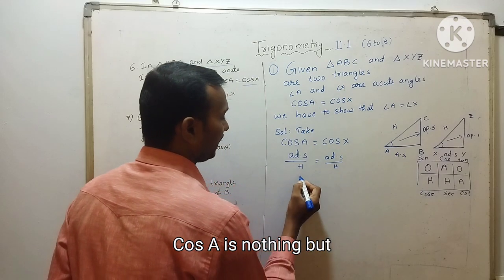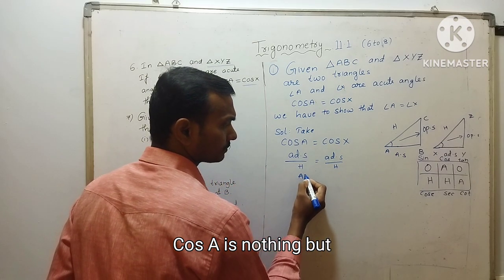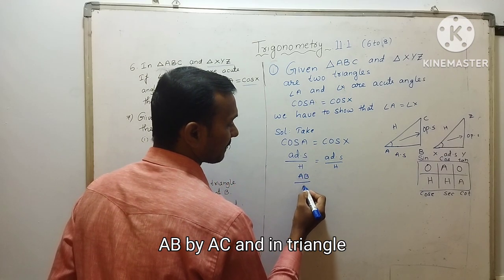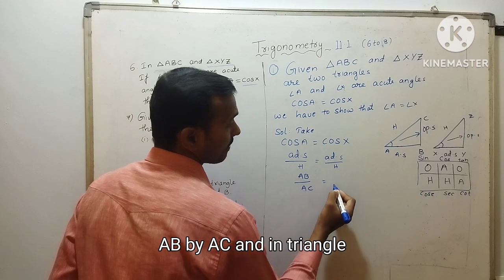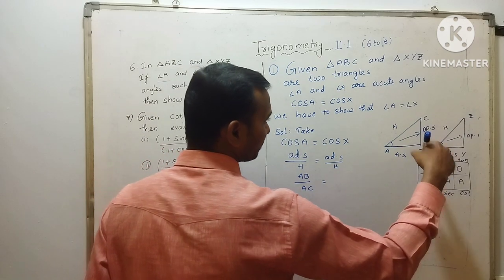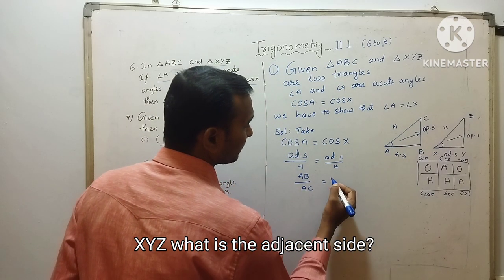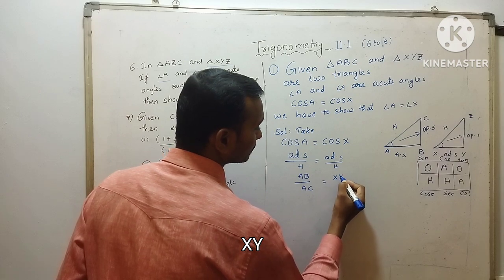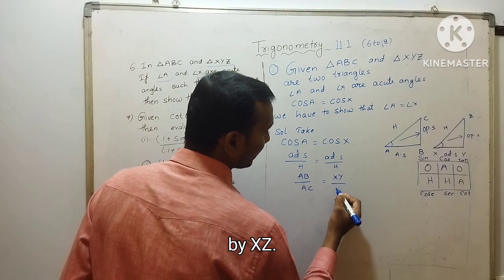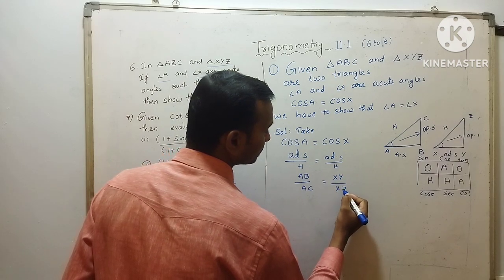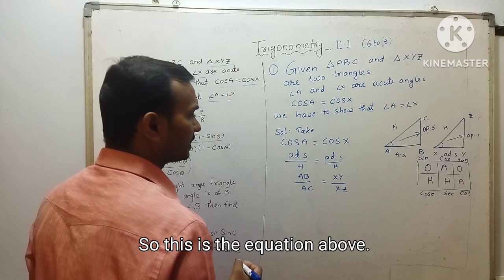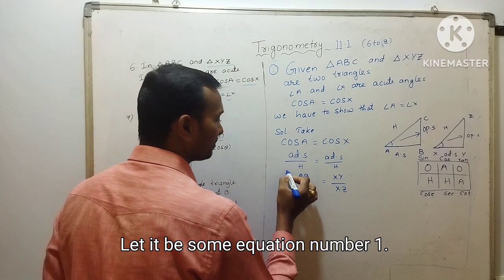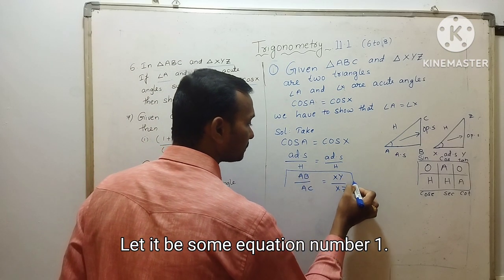Cos A is nothing but AB by AC. And in triangle XYZ, what is the adjacent side? XY by XZ. So this is equation number 1. Let it be equation number 1.